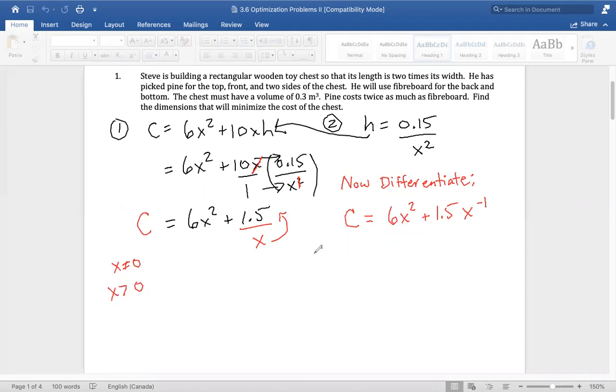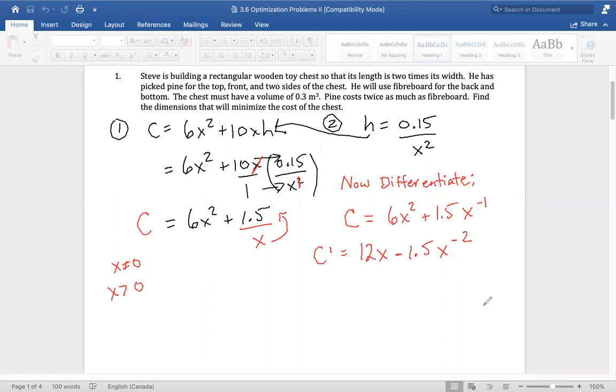So now when I get my derivative, I would have the 2 in front is going to be 12x to the power of 1, right? And then the -1 comes in front and multiplies. So it's going to be -1.5 now x. And now be careful because it's subtract 1. So -1 subtract another 1 is -2. Don't make that a 0 and don't think it goes away.